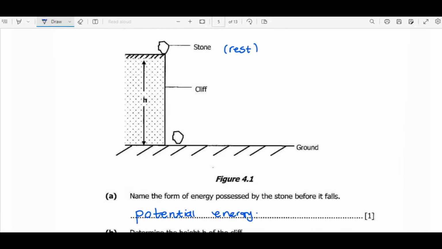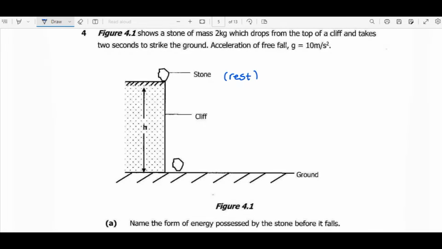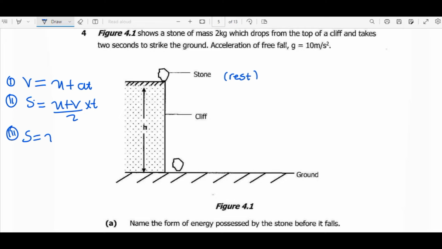So how can we find the height? We are going to use the equations of motion. The first equation is v is equal to u plus at. The second one is s is equal to u plus v over 2 times t. The third one, s is equal to ut plus half at squared.